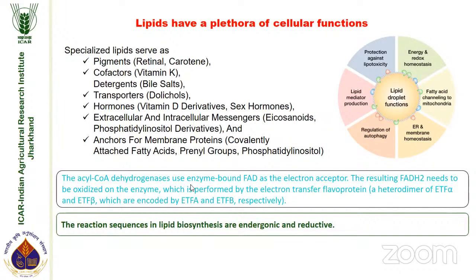Various membrane proteins have these moieties for attachment into the membrane. Since lipids have diverse roles in the cell, they are continuously being synthesized in the cellular process, and at the same time lipids act as storage biomolecules in most organisms.